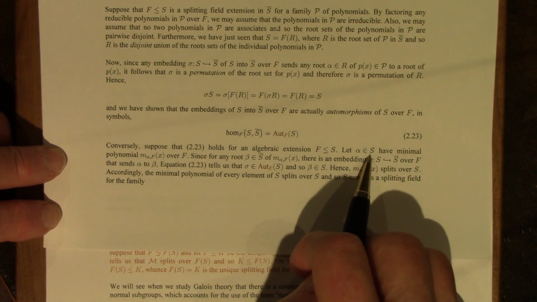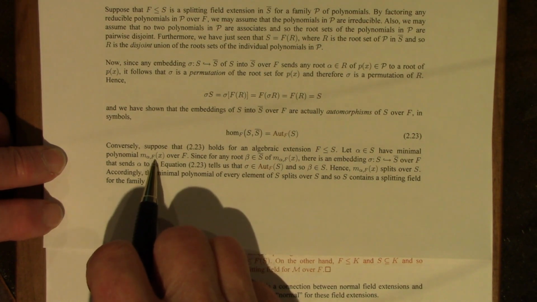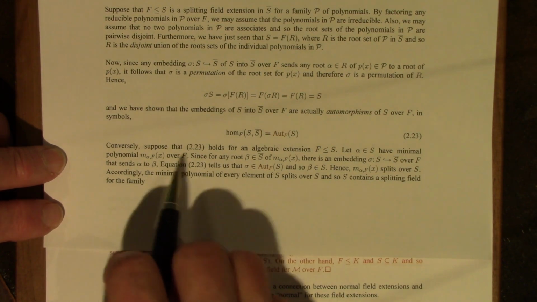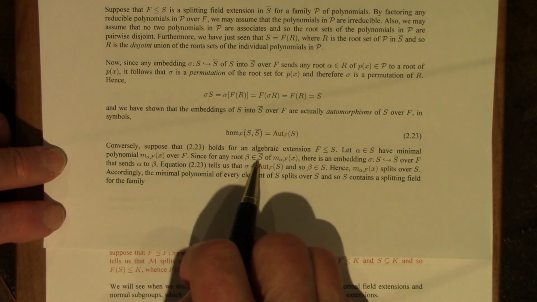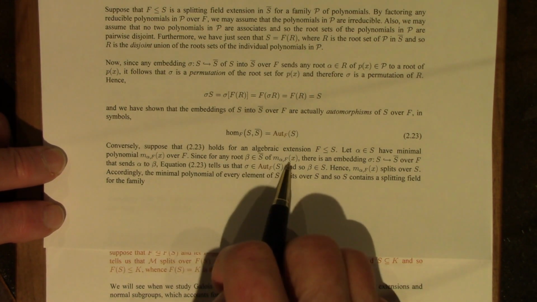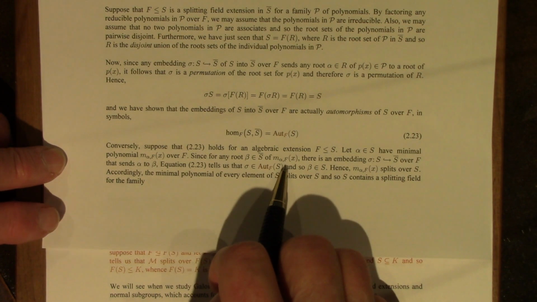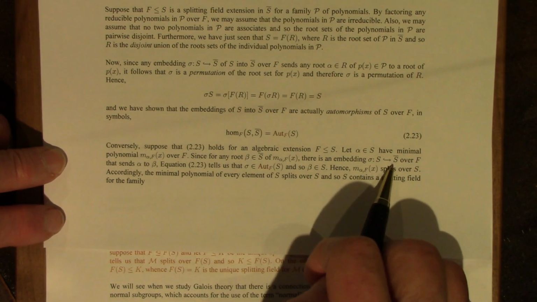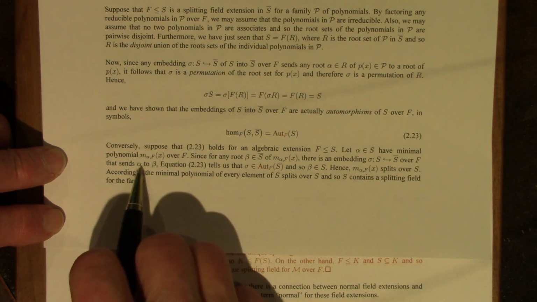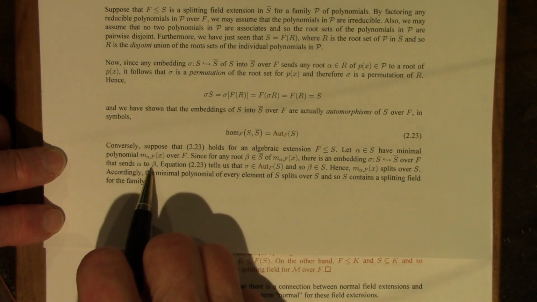And let alpha be in S. It'll have a minimal polynomial over F. Since for any root beta in S bar of this minimal polynomial, there is an embedding of S into S bar over F that sends alpha to beta. We discussed this much earlier in the chapter.